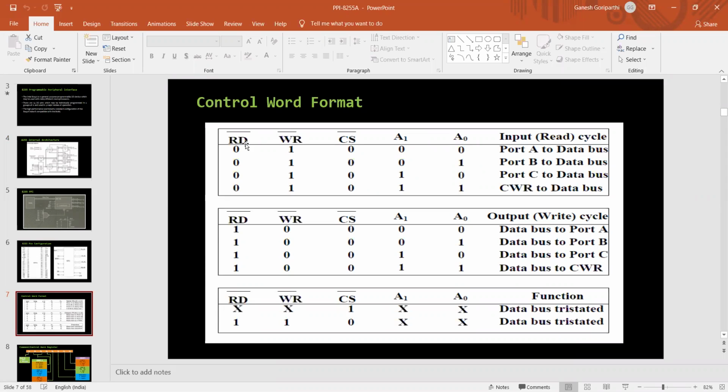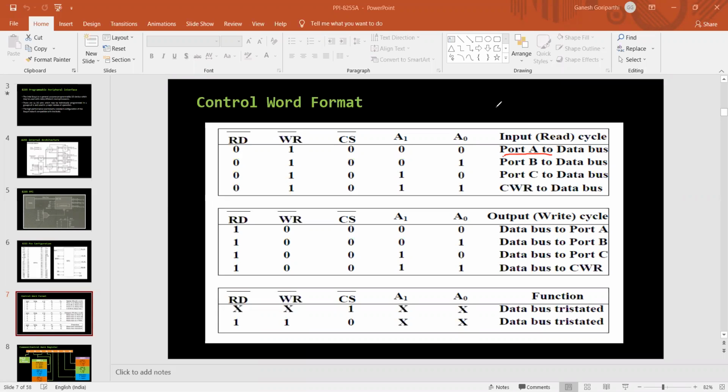If you observe here, when RD bar is equal to 0 and WR bar is equal to 1, CS bar is equal to 0, and A1 and A0 are 0, then the operation performed is that we select port A to the data bus.